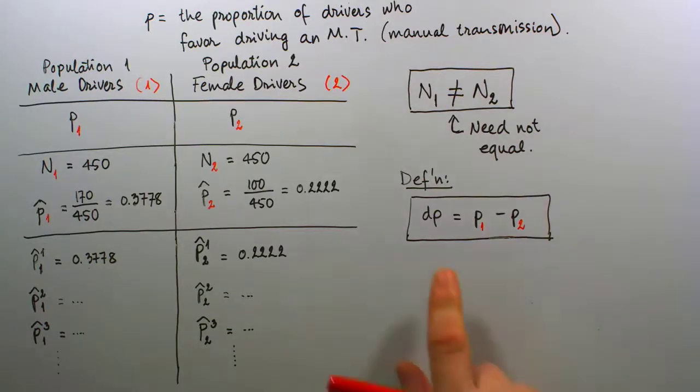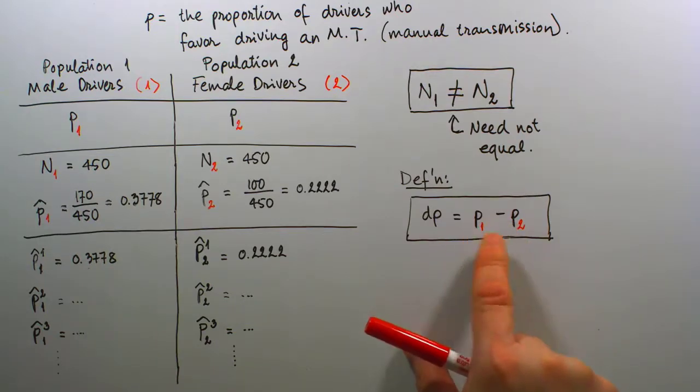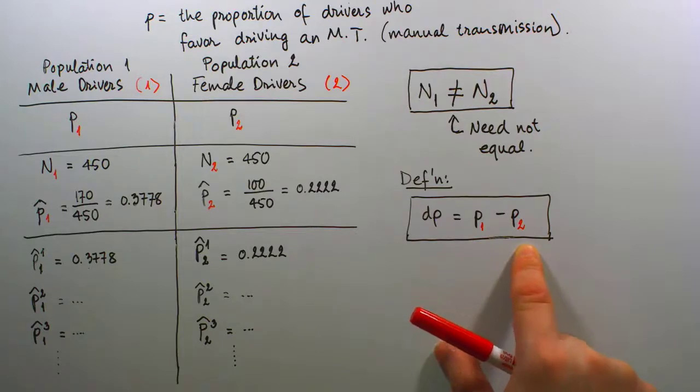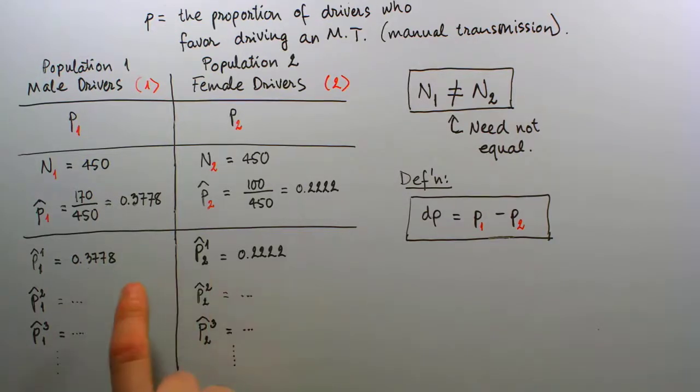And so now, since we start getting into talking about the difference between a value from population 1 and that similar value from population 2, let's apply that to our samples from the two populations here. So let me do this.